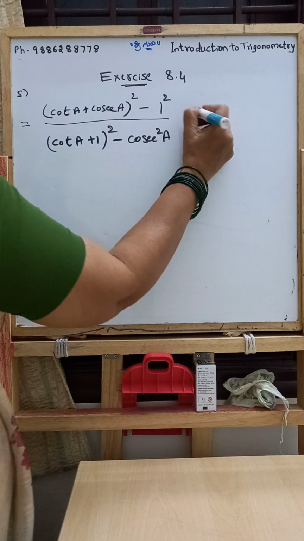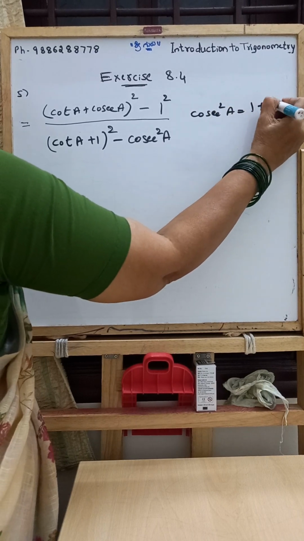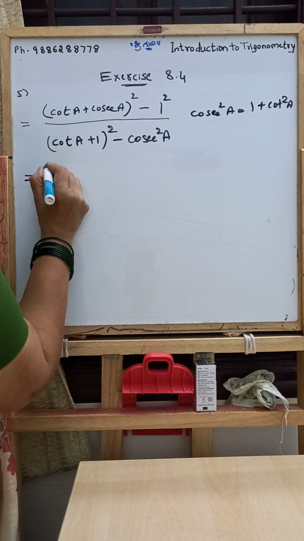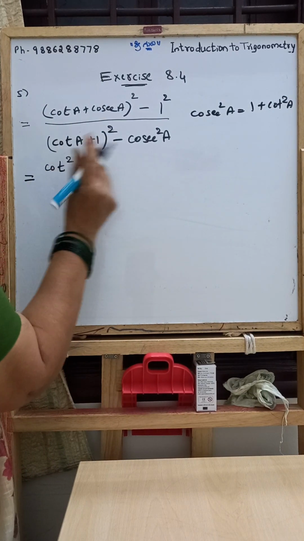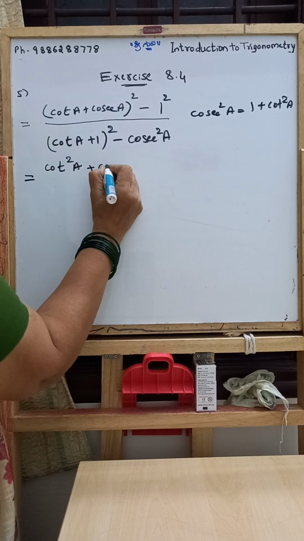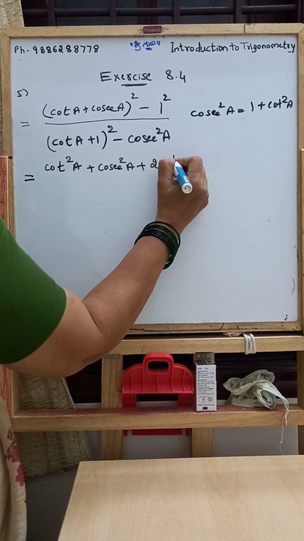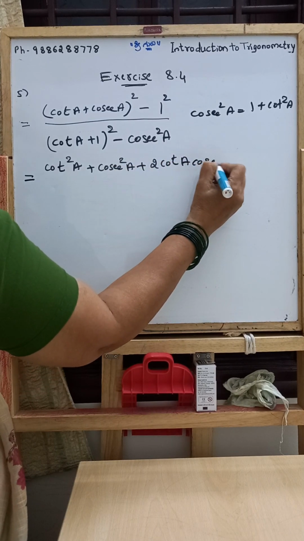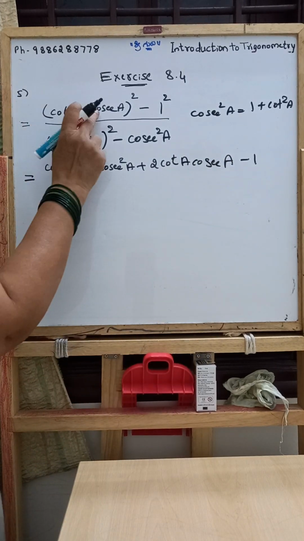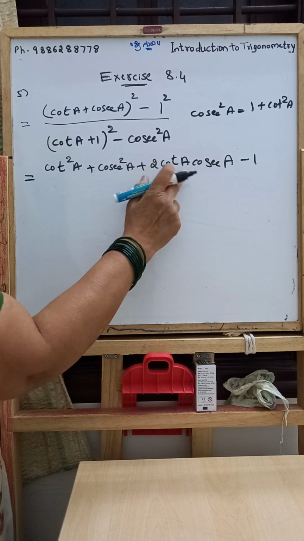Using the identity cosec square A is equal to 1 plus cot square A, we rewrite this. But before that, let us expand this one: cot square A plus cosec square A plus 2 cot A cosec A minus 1, by using the identity (A plus B) bracket square is equal to A square plus B square plus 2AB.